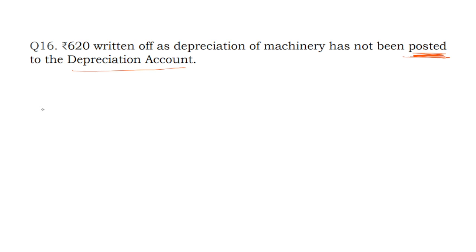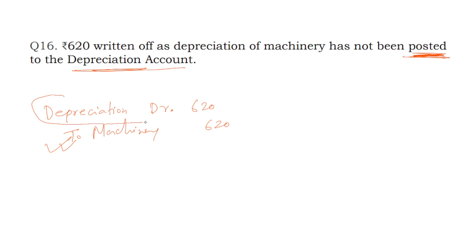Generally what entry will we make? Generally depreciation account, it is the expense, debit, and credit to machinery, whatever be the amount. So for example, it's 620. But here in this question, it is said that it is not posted to the depreciation account. Means machinery account is posted correctly, but in the depreciation account, it is not posted.